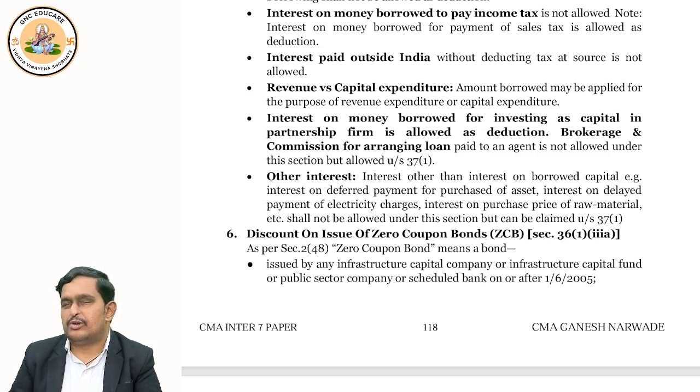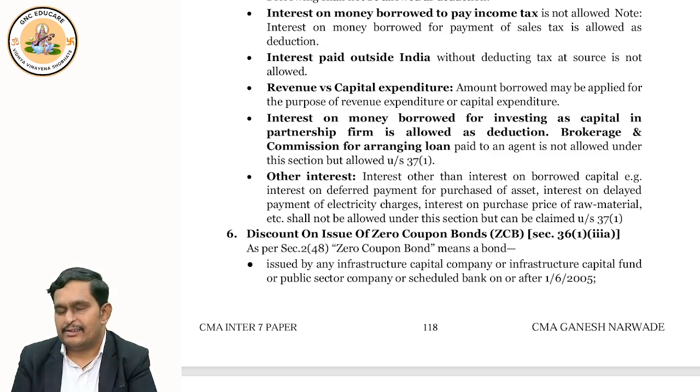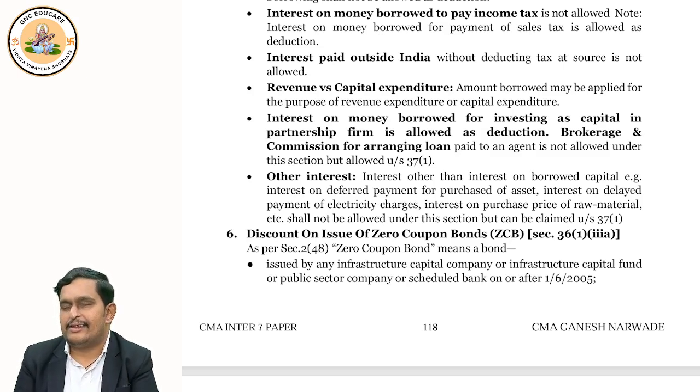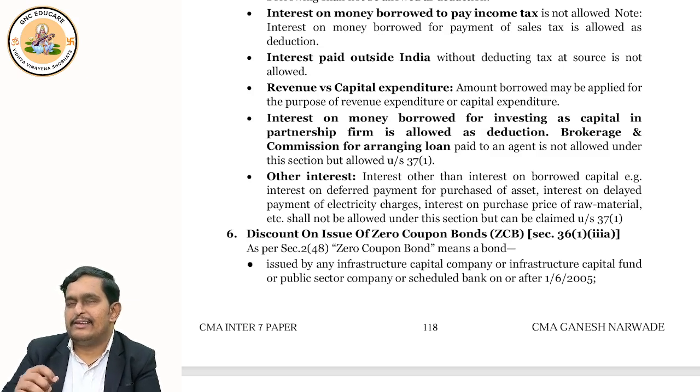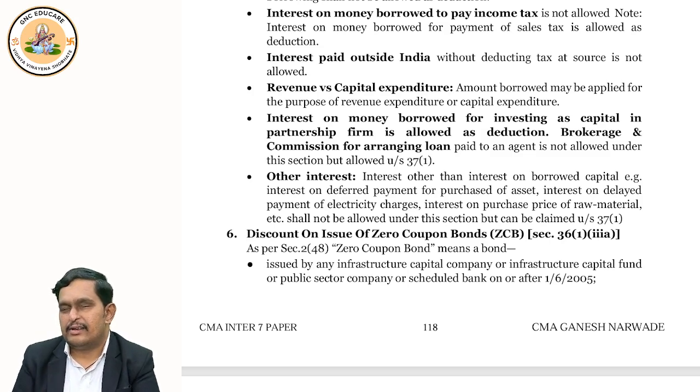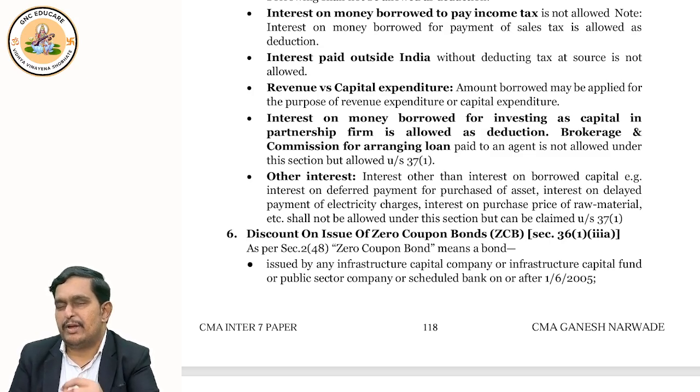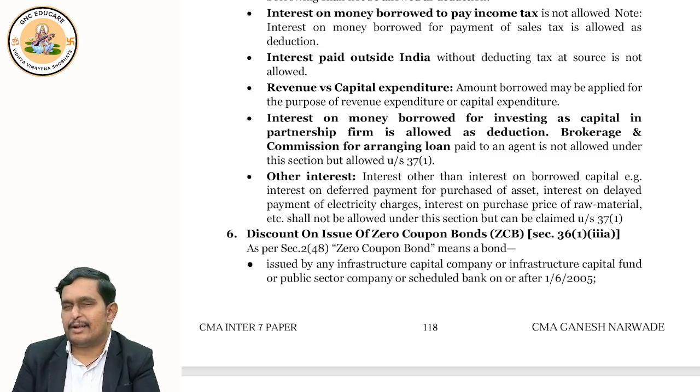Now, let us go to the next topic. Suppose you are paying interest, but that interest is not relating to a loan. Suppose you delayed in paying the electricity bill, so the electricity department charged interest on the delayed payment. Suppose you are delaying payment to suppliers, and the supplier said, let us charge some interest on the delayed period.